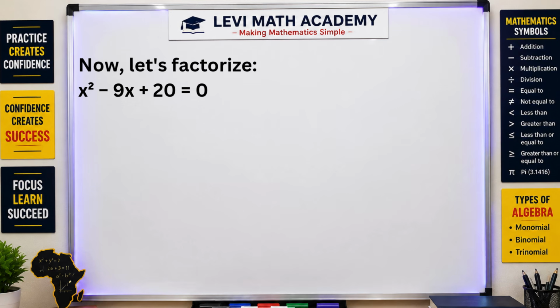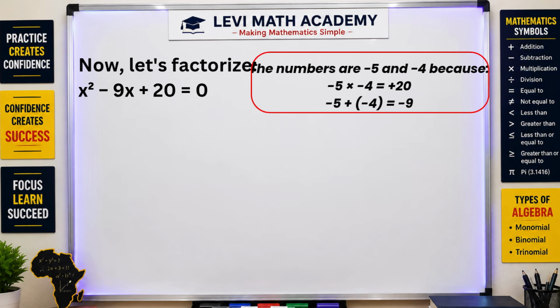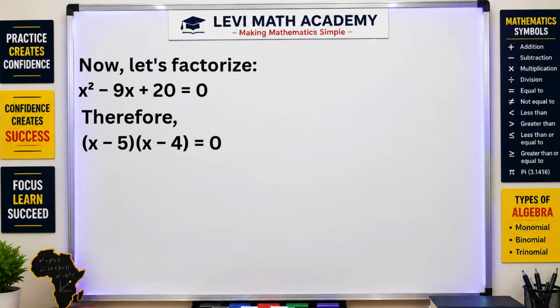We need to find two numbers that multiply to give +20 and add to give -9. The numbers are -5 and -4 because -5 times -4 is equal to +20, and -5 + -4 equals -9. Therefore, (x - 5)(x - 4) = 0.